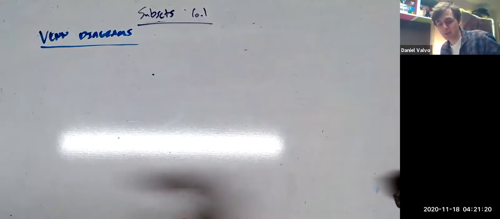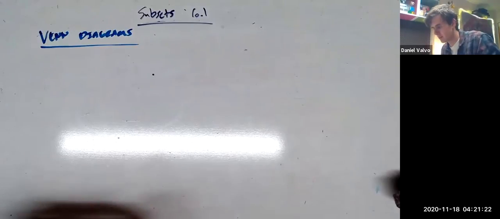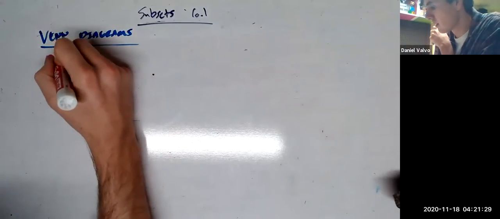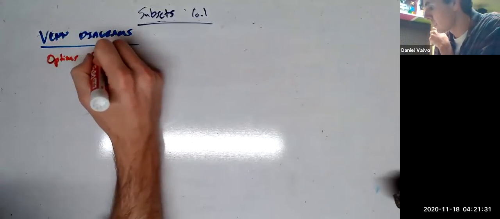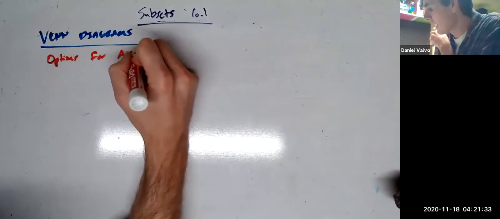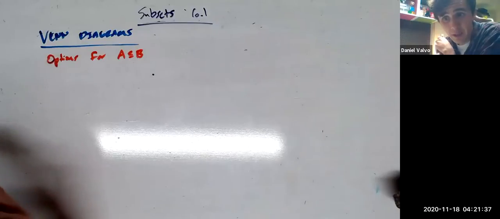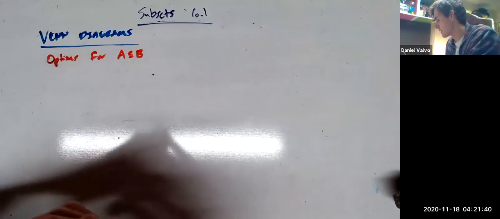So let's talk about the options. The options for A is a subset of B. If A is a subset of B, the Venn diagrams can look like this.